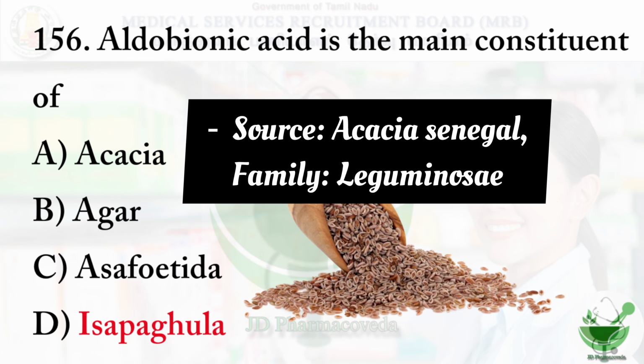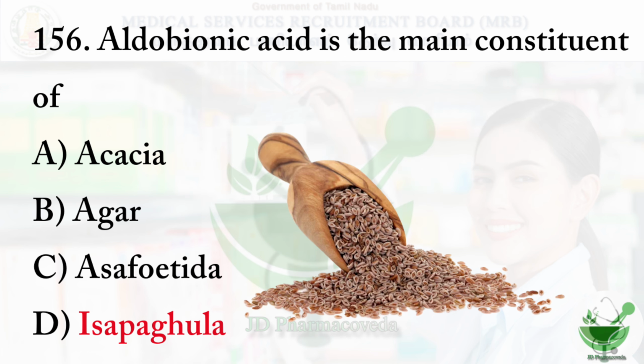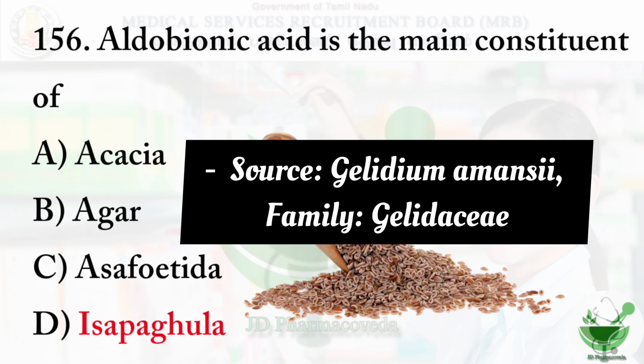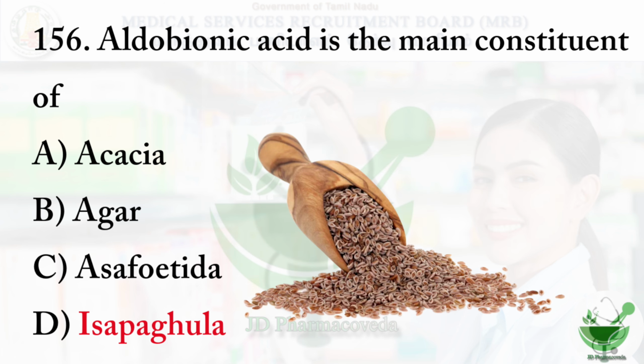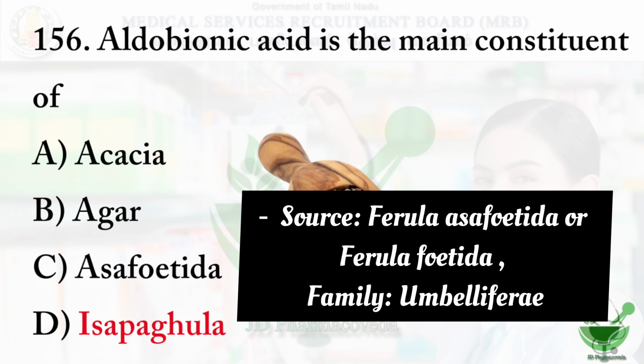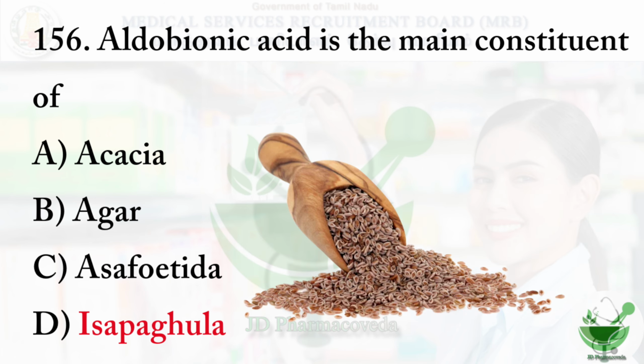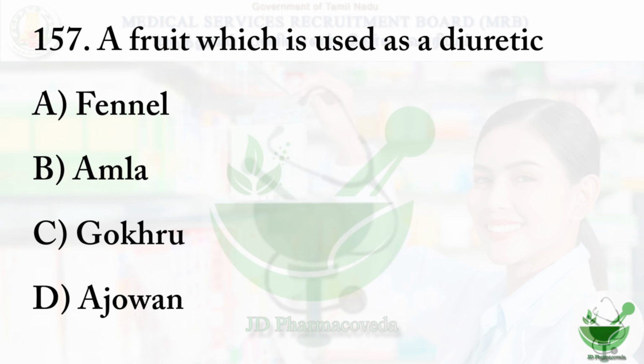Its family is Leguminosae. For agar, its source is Gelidium amansii. Its family is Gelidiaceae. And for asafoetida, its source is Ferula asafoetida or Ferula foetida. Its family is Umbelliferae.